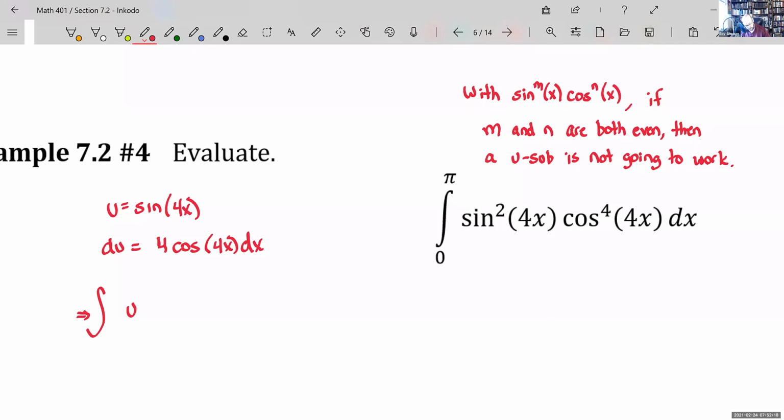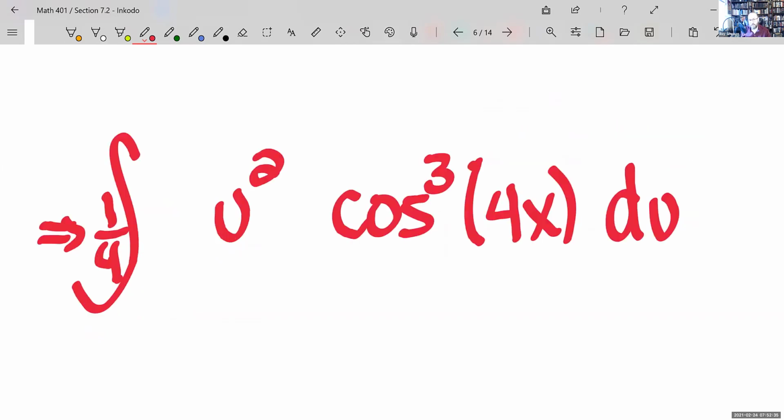We'd have a 1/4 out front. I don't really care about the constant right now. But you'd have a cosine cubed of 4x du. And that's a problem. We stole away a single power of the cosine, and I cannot rewrite a cosine cubed in terms of sine squareds. I just can't do it.